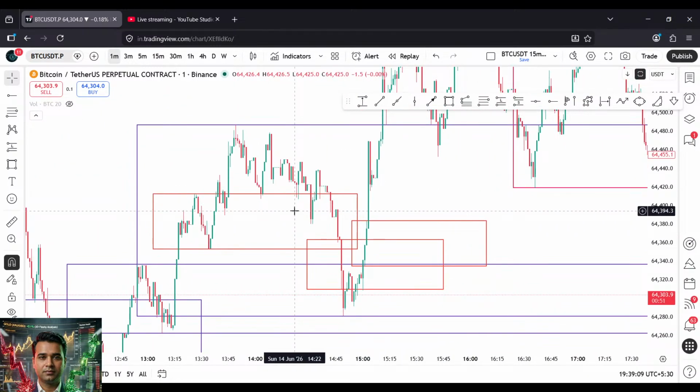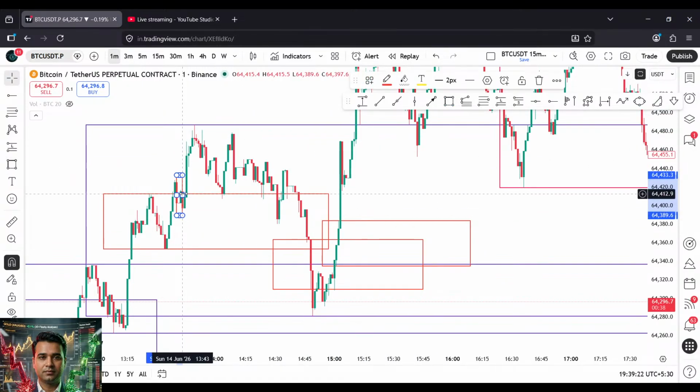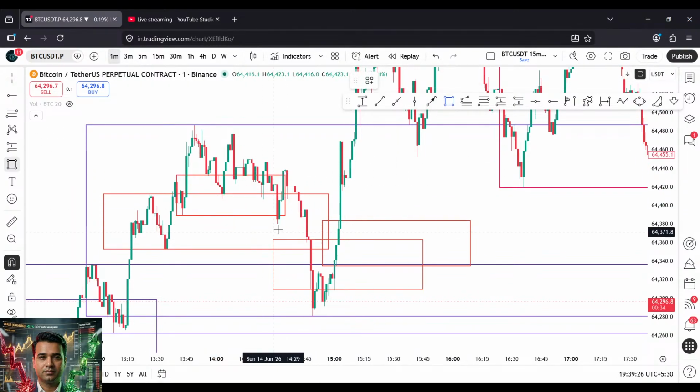On the upside, if we look here, price entered this one like this, swap, built this swap. Okay. And then from this, built this swap.